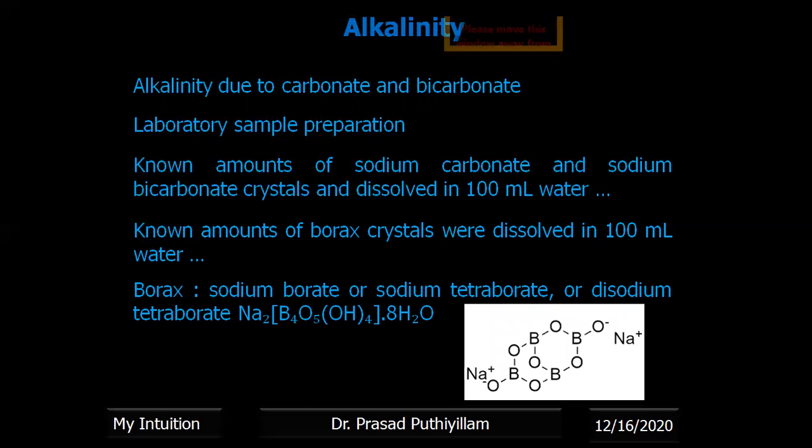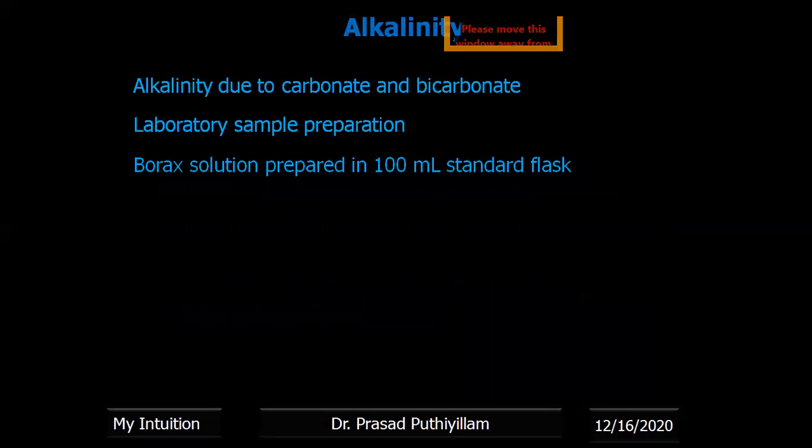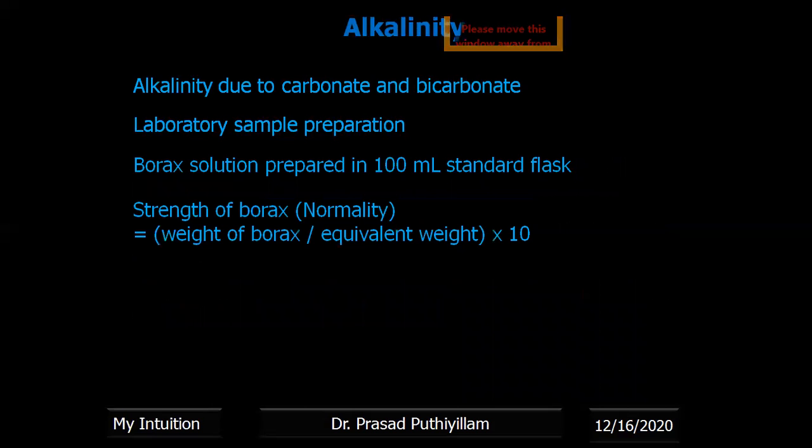Borax we also call sodium borate, sodium tetraborate or disodium tetraborate. Its molecular formula is Na2B4O5(OH)4·8H2O. Its molecular structure has two Na+ present, with two negative charges. The borax solution prepared is 100 ml, therefore its strength or normality you can calculate as weight of borax divided by equivalent weight, multiplied by 10.